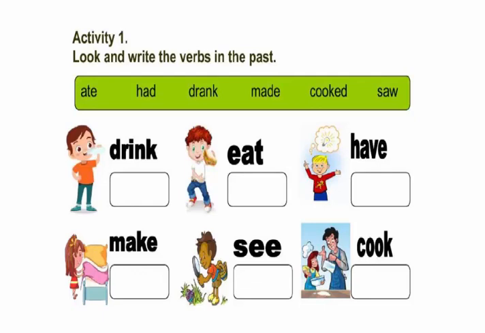Drink, the past form of drink is drank. What's the past form of eat? Good, that is ate. Have, had.